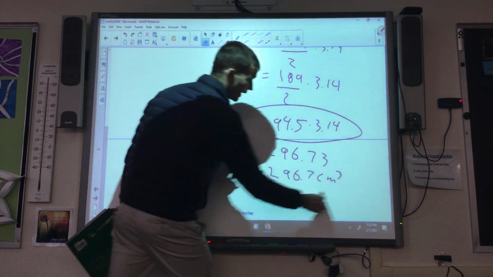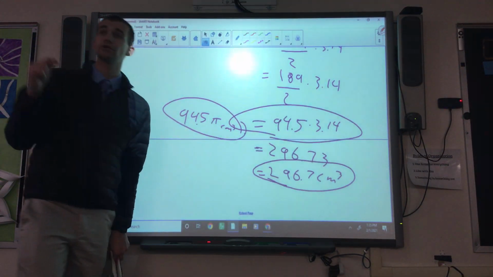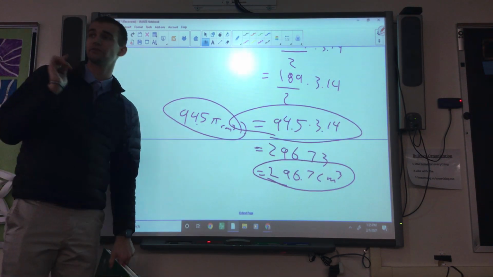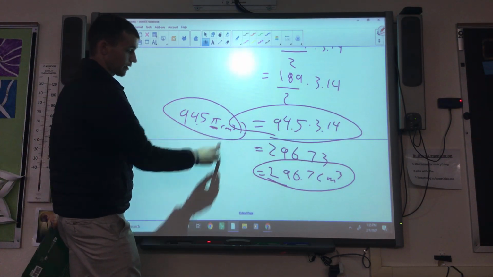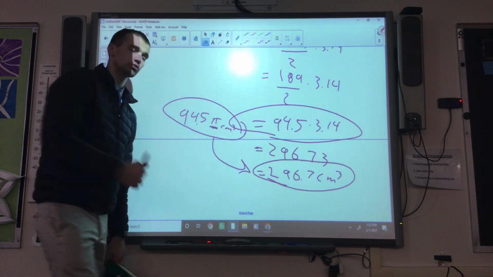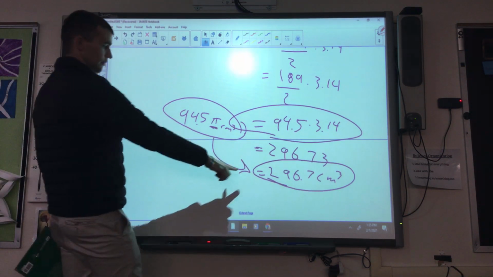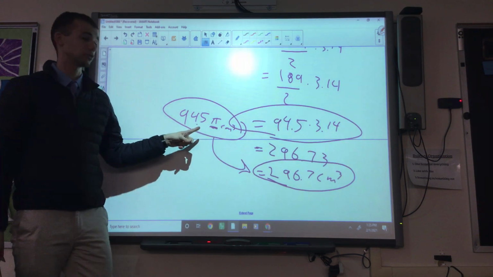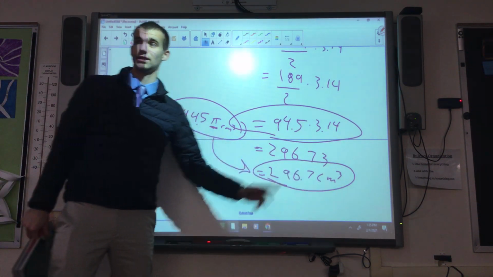So you would have two answers for this. And again, you're going to have to pay attention. On the assignment, it will say find the exact volume, that's in terms of pi, and it will say use 3.14, round to the nearest tenth. That's when you have this. So you should have two answers. One is 94.5 pi centimeters cubed. The other one is 296.7 centimeters cubed.